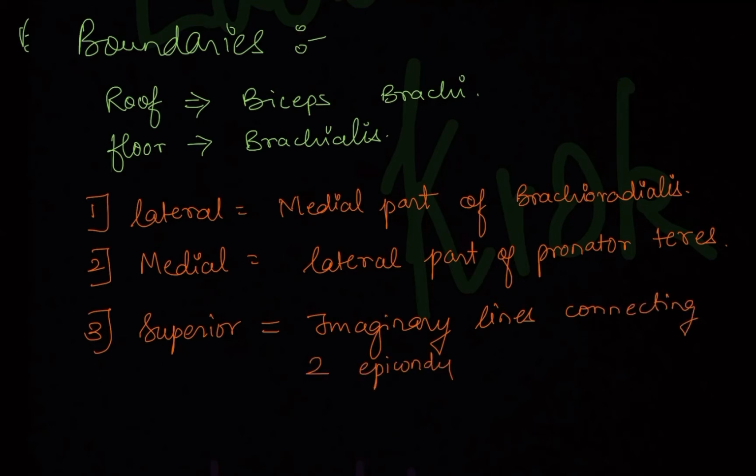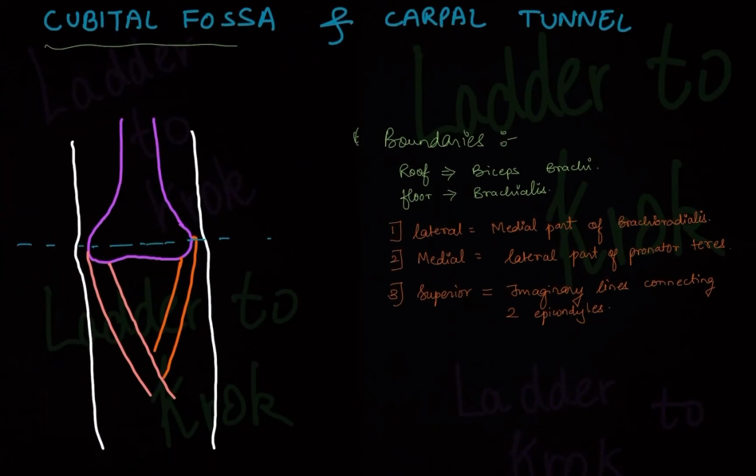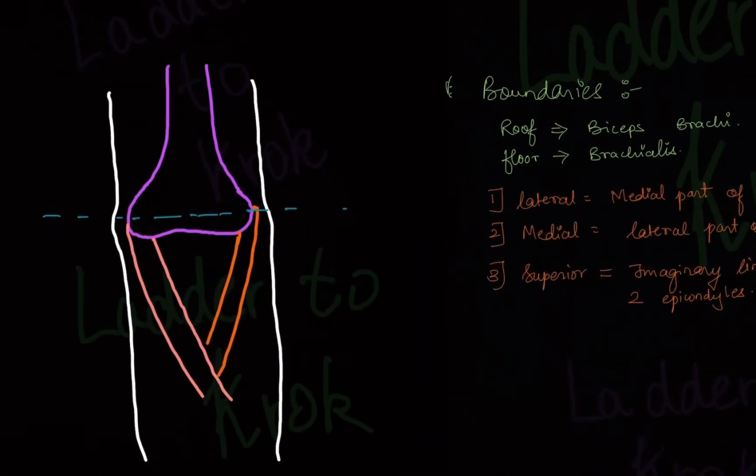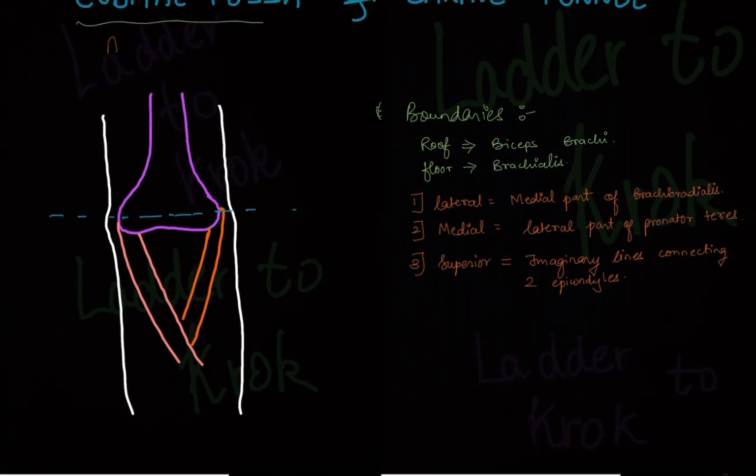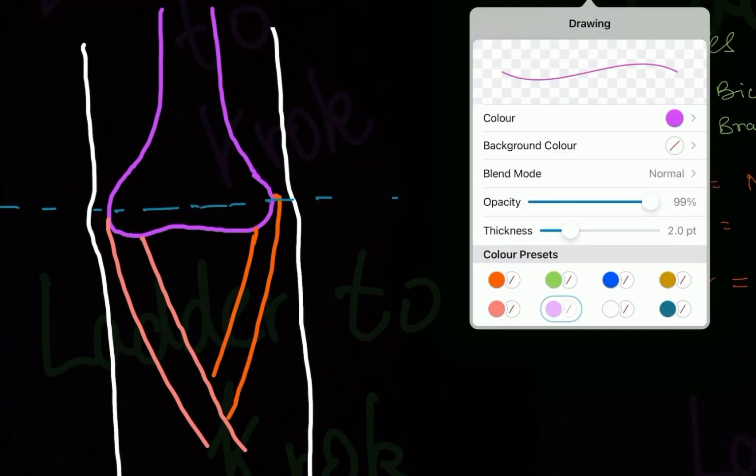Now what epicondyles? Humerus has two epicondyles, a medial one and a lateral one, right? Fine. So let's look at that in the simplified version. So here you can see the anterior surface of the hand. So let me write down at first anterior surface of hand. This is the elbow joint where I have shown these curves of the hand, okay? Purple color is humerus.